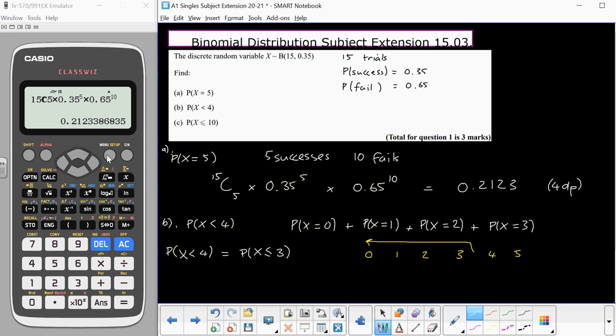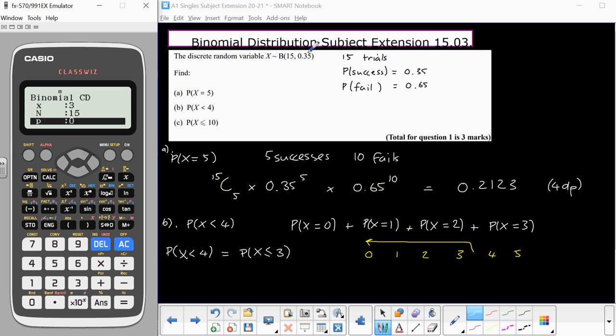Now once I've done that, we'll go menu on our calculators, we'll go 7. None of the options up here are what we're interested in at the moment, so we'll scroll down till we see binomial CD. Once we're on binomial CD, we choose variable, and then we can put in 3 pieces of information. Our x value, which is the number that we're testing less than or equal to, so in our case 3. Our n value, which is the number of trials, which is 15.